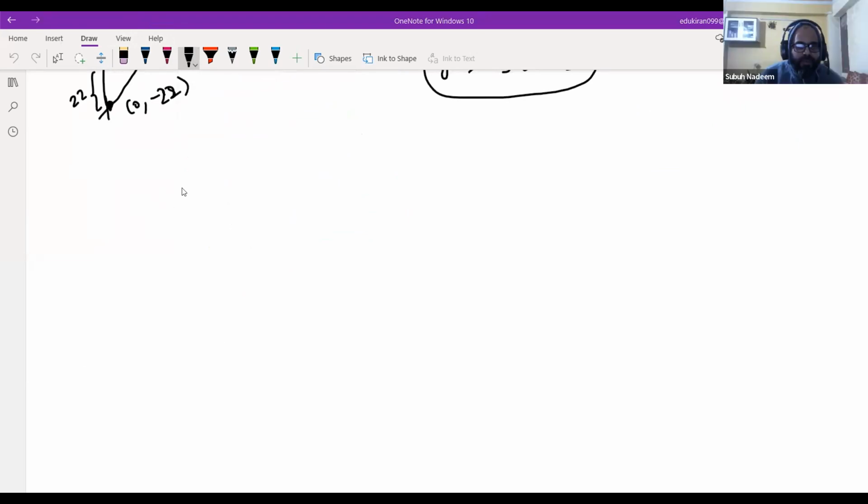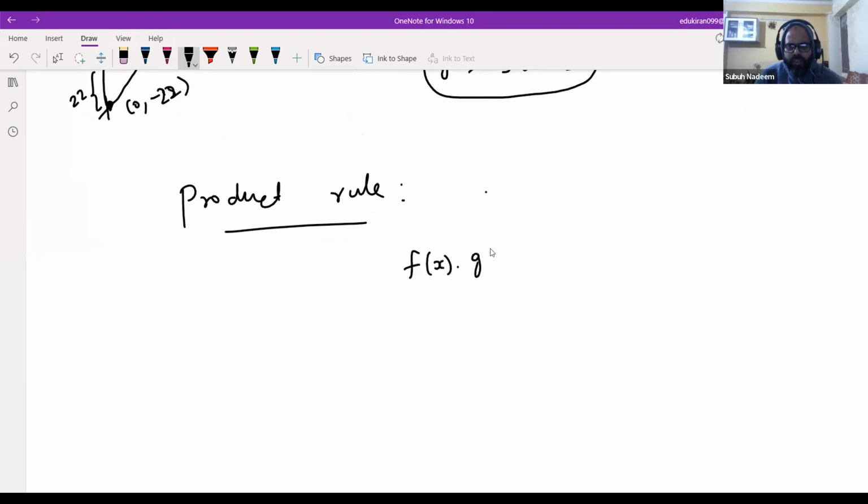So if we see the product rule, if two functions are multiplied, then it was p into q. You can take any two functions like fx into gx, and you're multiplying these two functions, and then you are differentiating.